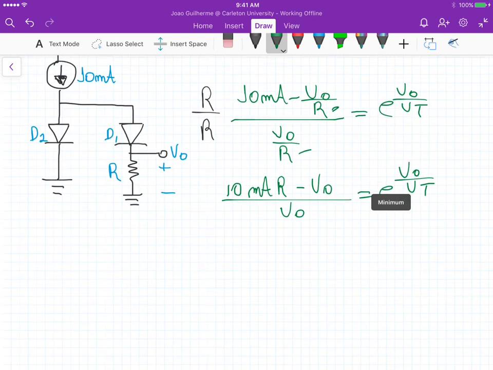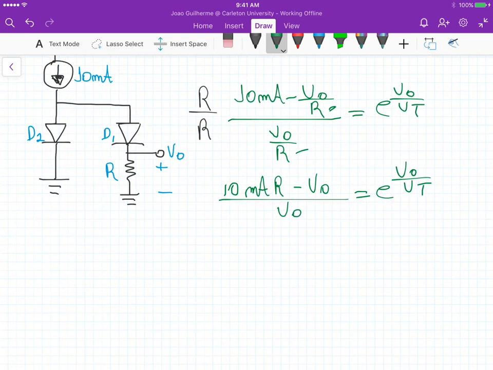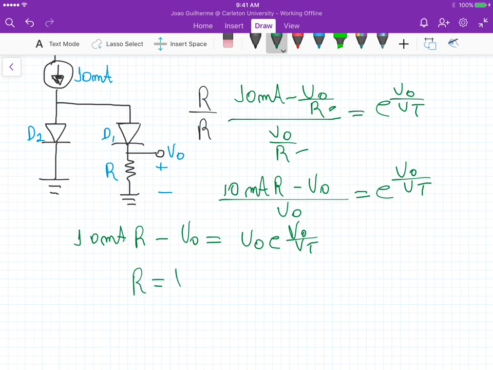Now we can isolate R in this equation. We get 10 milliamps R minus V0 equals V0 exponential of V0 over VT, and then R is equal to V0 plus V0 exponential of V0 over VT, divided by 10 milliamps.